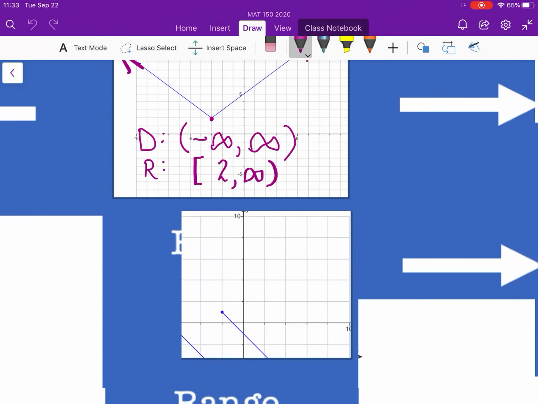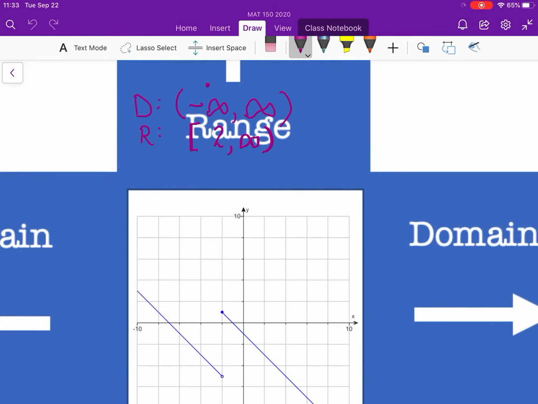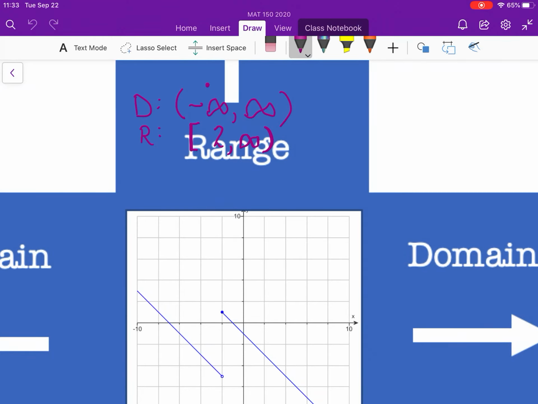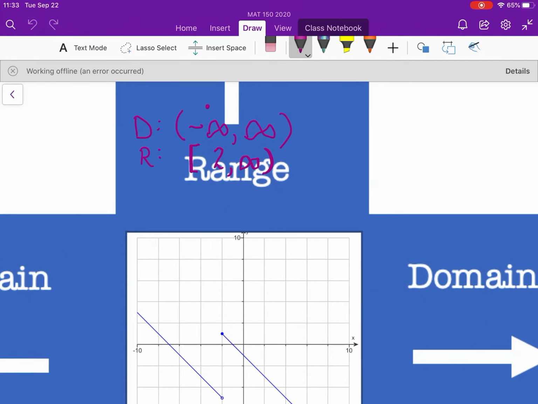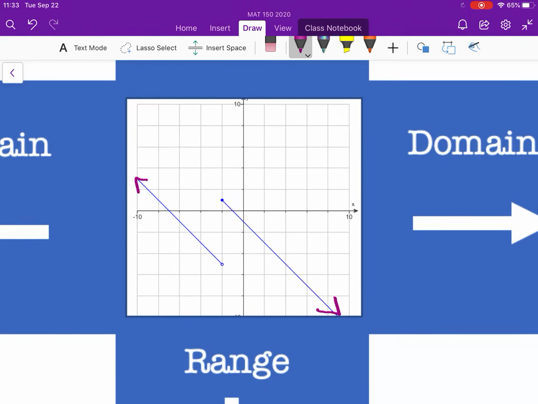Okay, so let's look at the next one that is graph related. This is a piecewise function. So notice, if it's asking for the domain of the entire entity of the graph here, it goes left forever, it goes right forever, and even though it's open here, it is closed here.